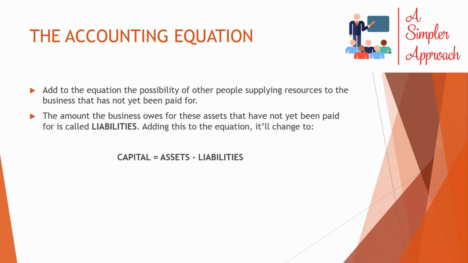Irrespective of the fact that they are owed for, they are still resources that are within the business organization. Now, when you add that to the equation, it'll change to capital equal assets minus liabilities.